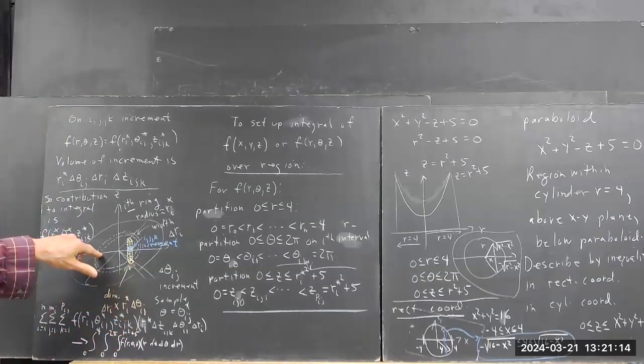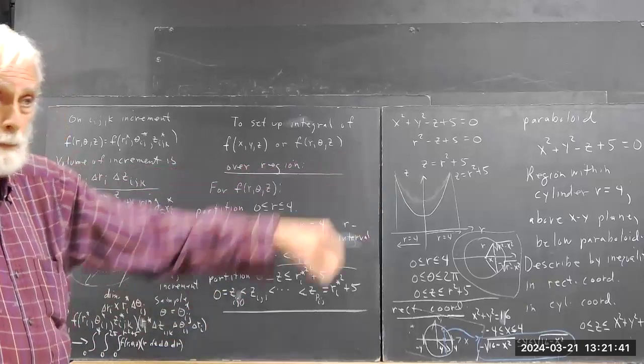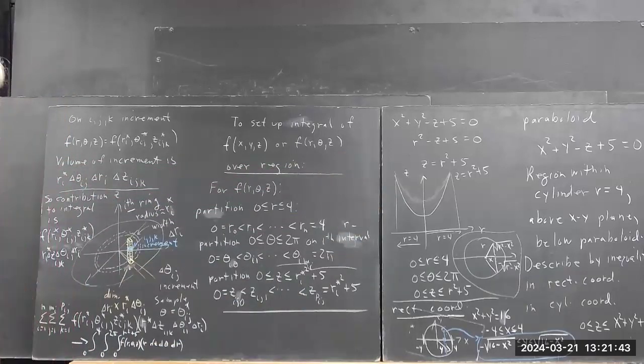And there's our integral. Now, if we want to find the mass of the region, then f would be the mass density, right? In one of the examples that I think you saw before, but maybe you're seeing it now. If f is the temperature at every point, what do we get if we integrate this?